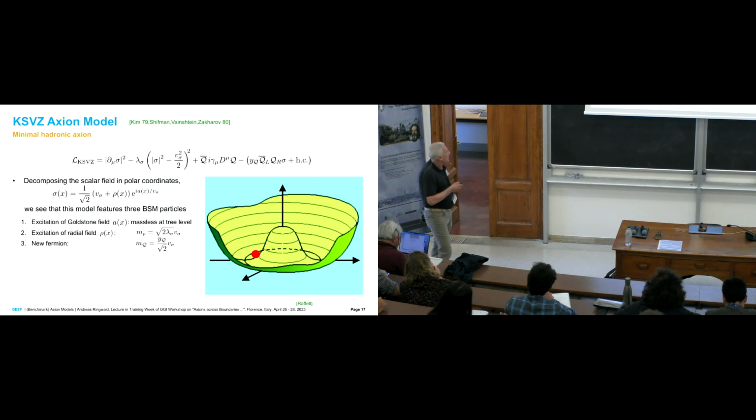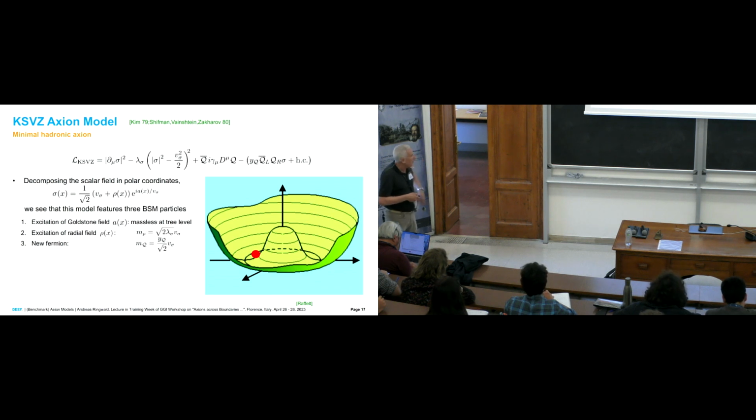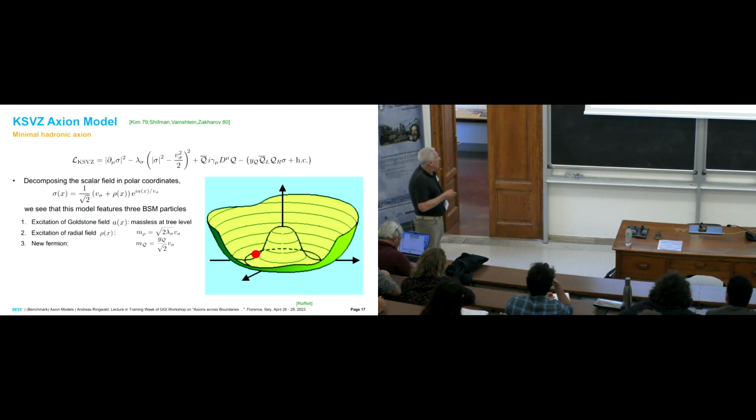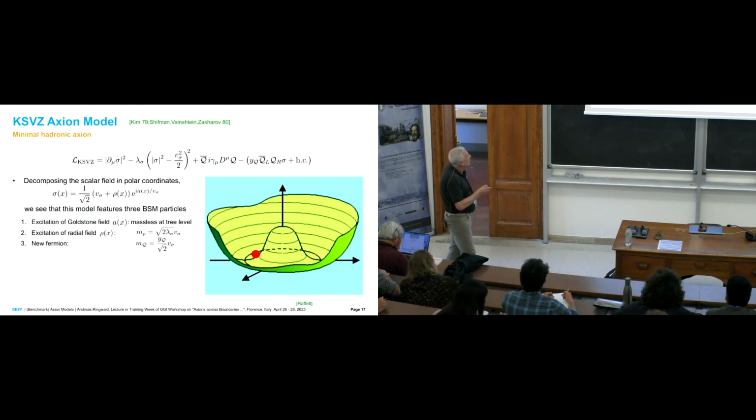So, of course, it will have a Goldstone field. The Goldstone field corresponds to excitations along this angular direction. This will turn out to be the axion later. Then there's the excitation of the radial field, which will have a mass proportional to this v_σ.